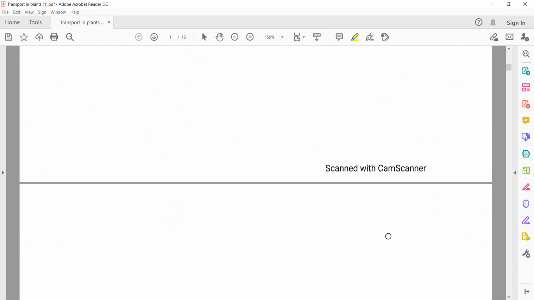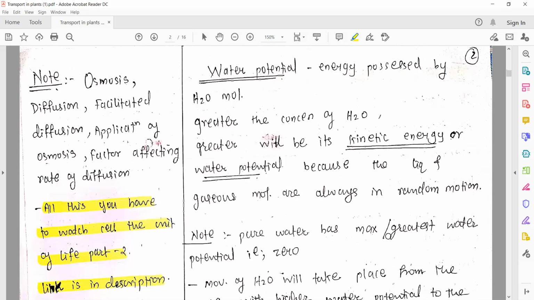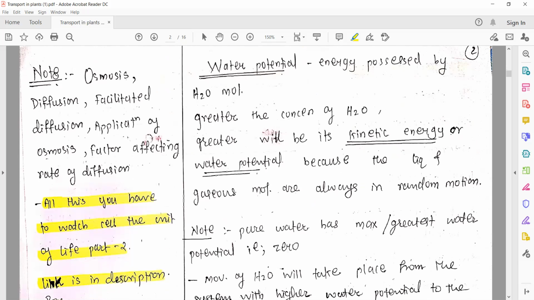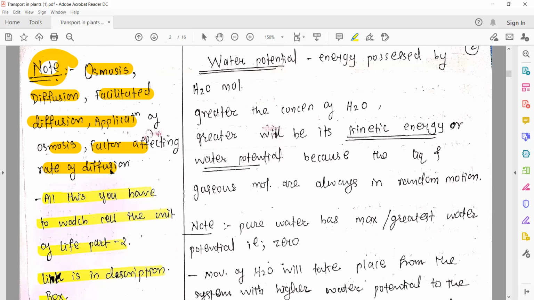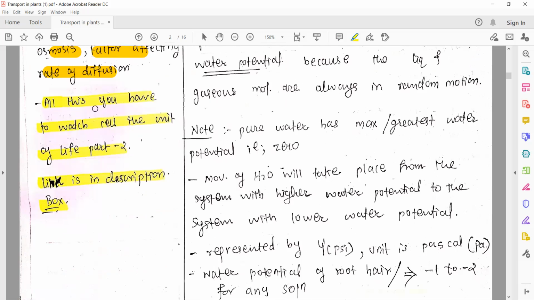So let's try to understand this only. But before entering into the detailed part of the chapter, you should keep one thing in mind, a note for you. Okay, osmosis, diffusion, facilitated diffusion, application of osmosis, and the factors affecting the rate of diffusion, all these things you have to study from the lecture video called Cell: The Unit of Life.